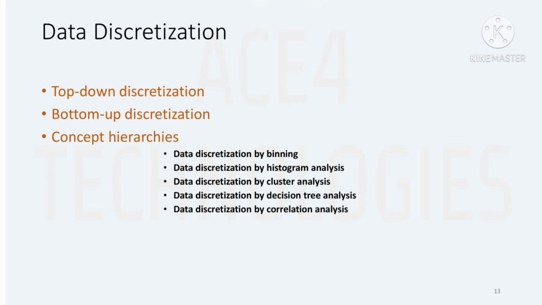The last is data discretization by correlation analysis. This employs a bottom-up approach by finding the best neighboring intervals and then merging them to form larger intervals recursively. It is again a supervised method.